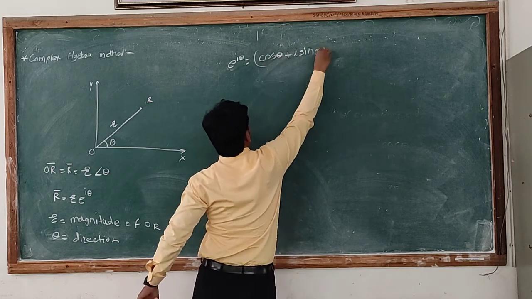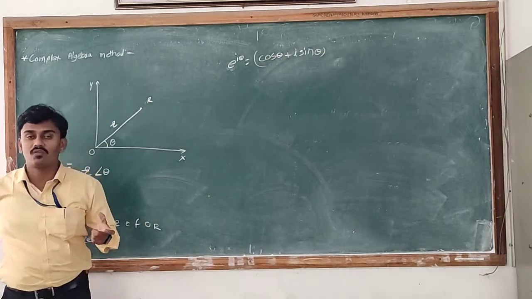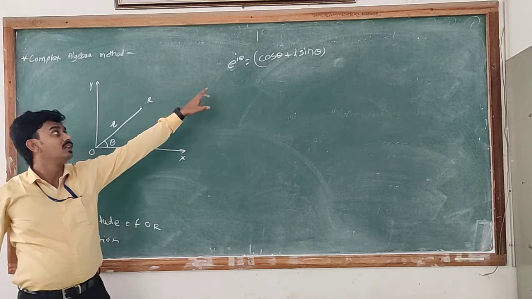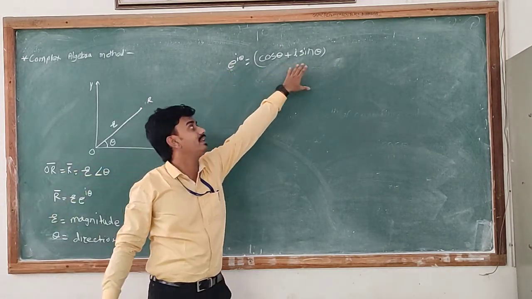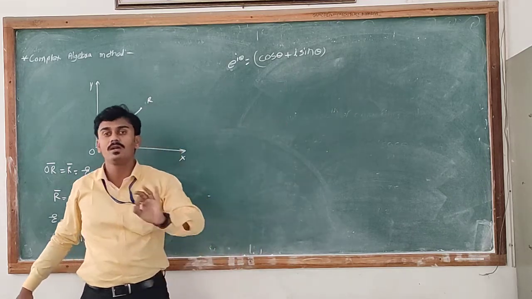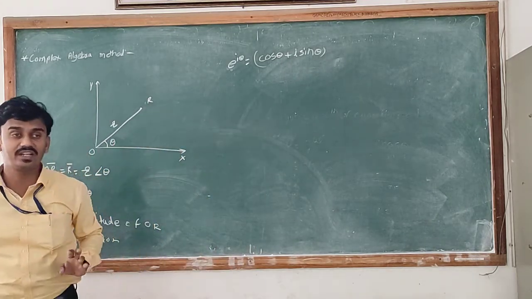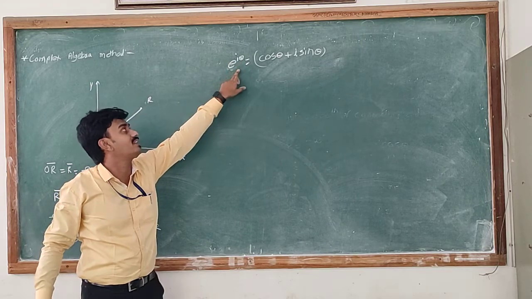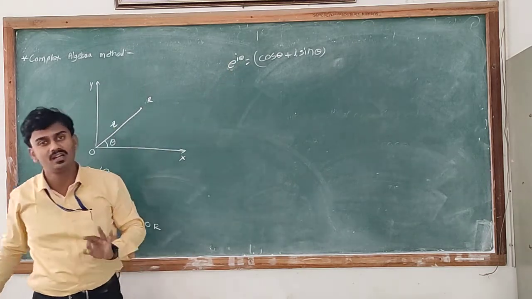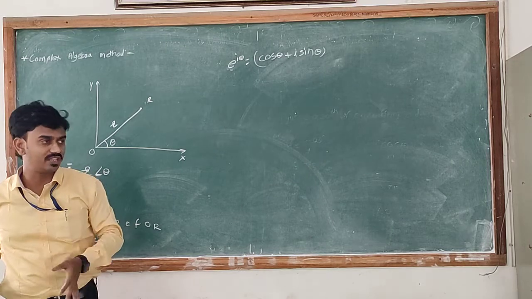Means these two forms are equal. The expansion of e raised to i theta is equal to cos of theta plus i into sin of theta.